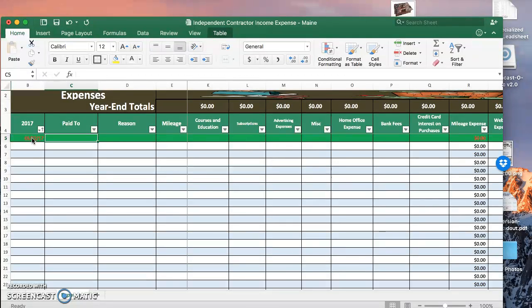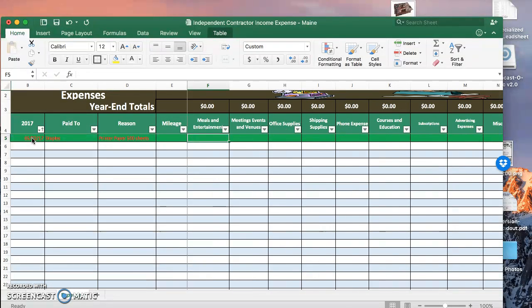Let's say you bought it at Staples, and you bought printer paper, 500 sheets. You would then find the column that says office supplies, because printer paper would probably qualify for office supplies. Let's say you paid $10, just put 10 in there, and that's it.